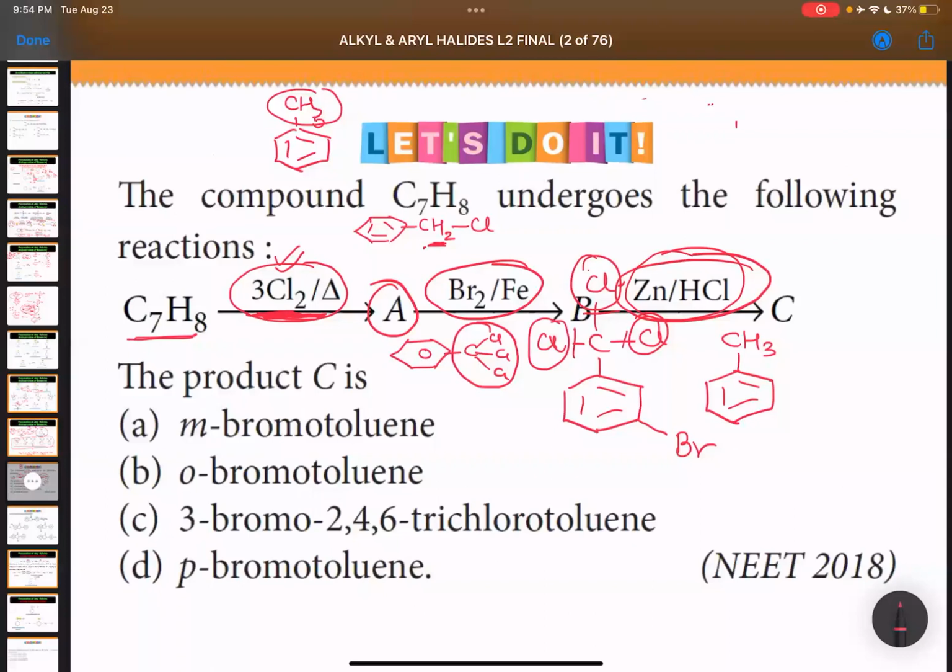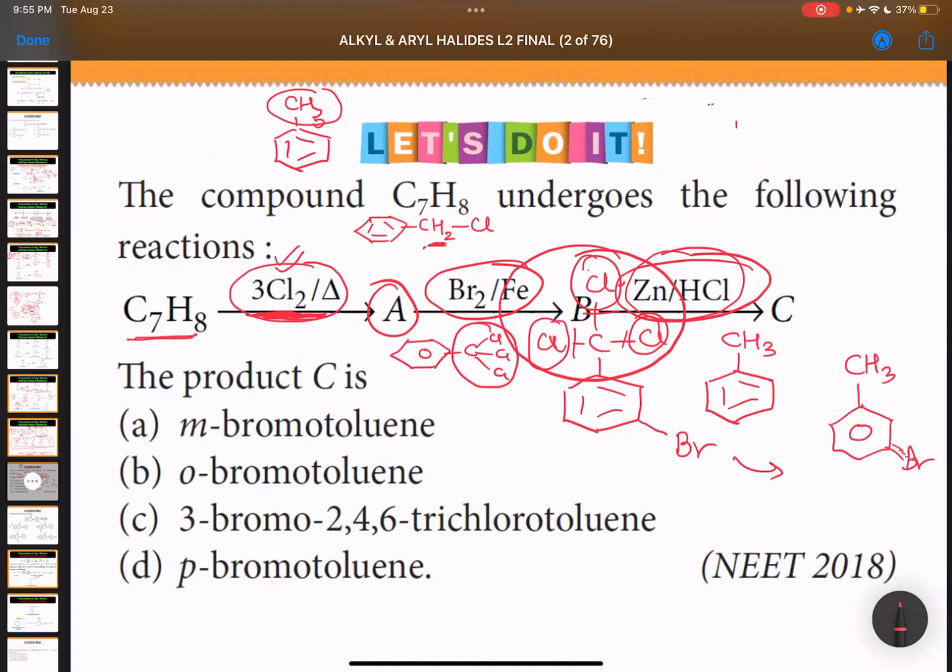What happens if you take Zn/HCl? All three Cl atoms will get reduced. Someone may ask why I have reduced only the CCl3 group and not the bromine. The reason is this bromine will not break easily.